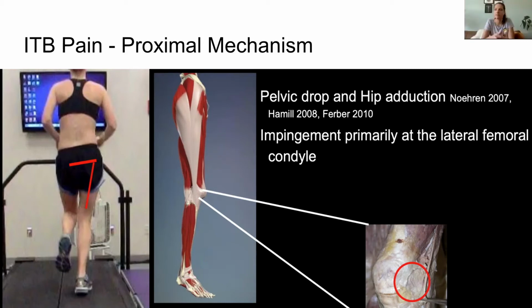Absolutely. I think not just for running injuries, but for a lot of injuries, we actually don't really know what the exact cause is, and I'm not sure if we're ever going to find out for most injuries. But I think the most important thing is that we start telling our patients what we really know and what we think is going on, but also explain why that might differ.